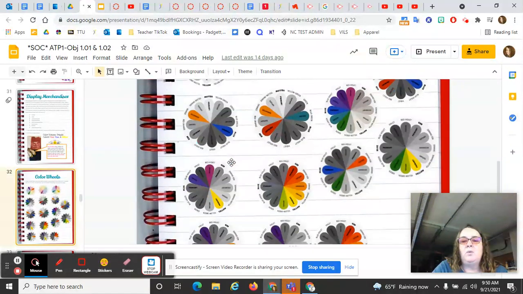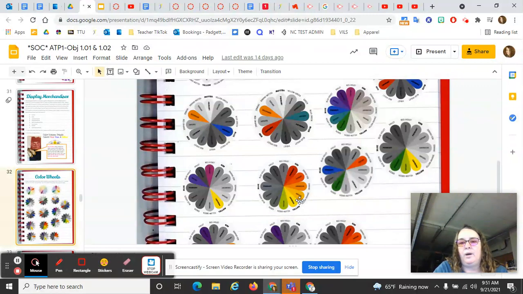But what I wanted to point out was the cool and warm. It's not in the presentation. So when we say cool and warm, we're talking about one whole half of the color wheel. Okay. So if you are going from red to yellow green, those are warm colors. Think of fall, that type of thing.